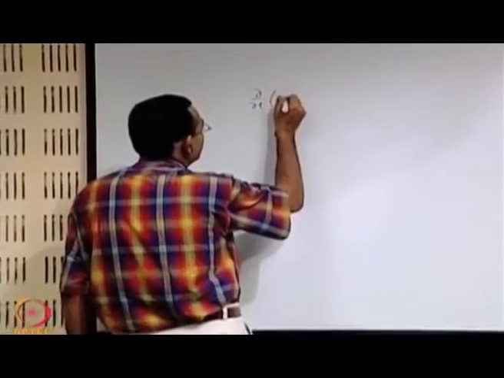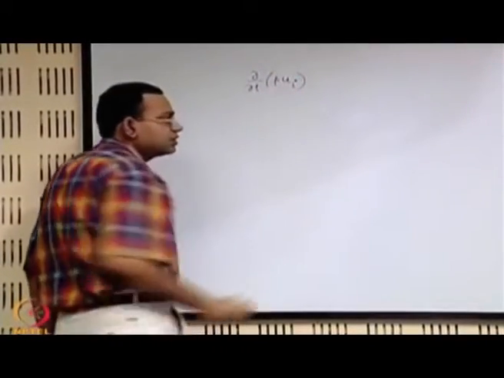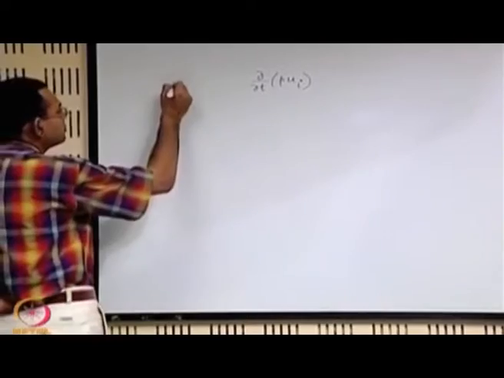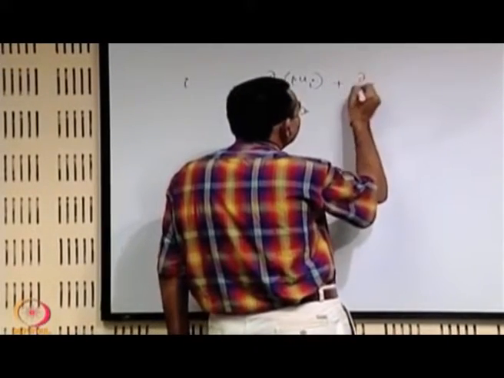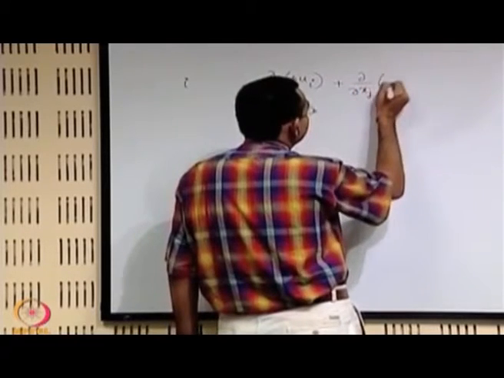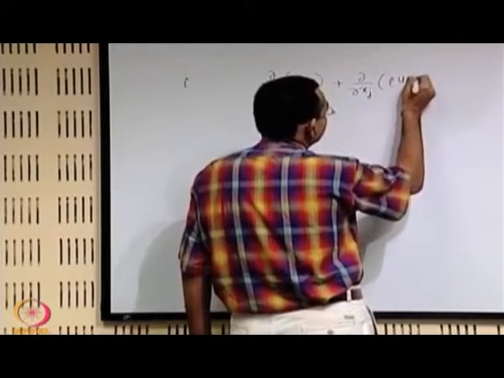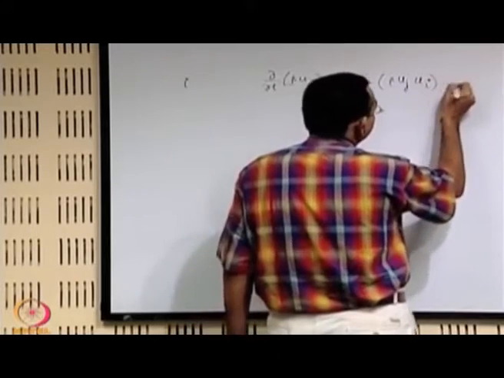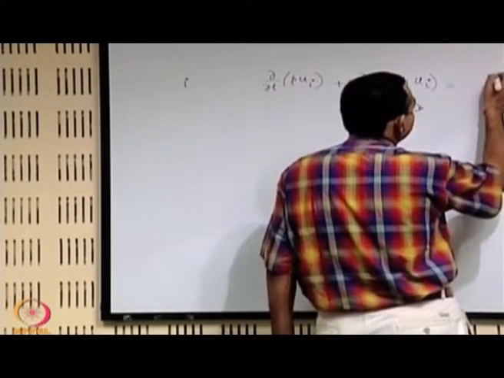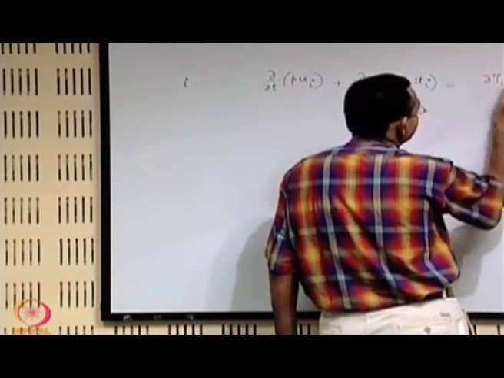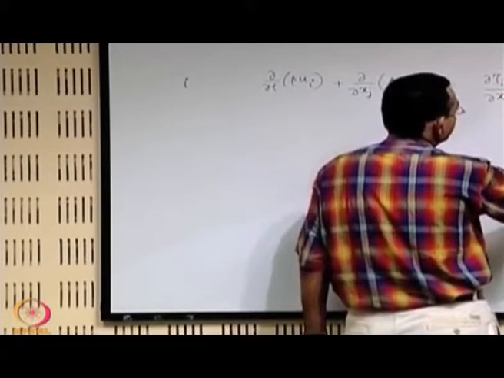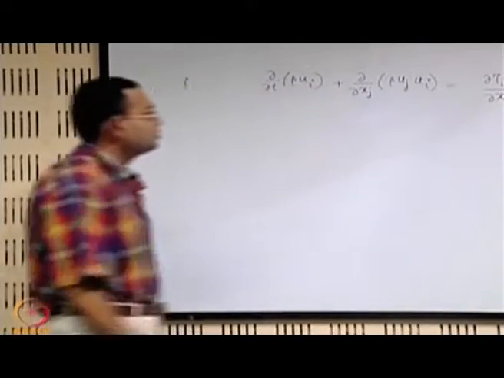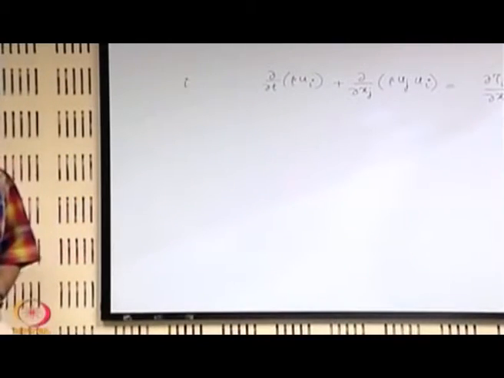That differential form for linear momentum conservation along the direction i was written in this way, in the Cartesian index notation.